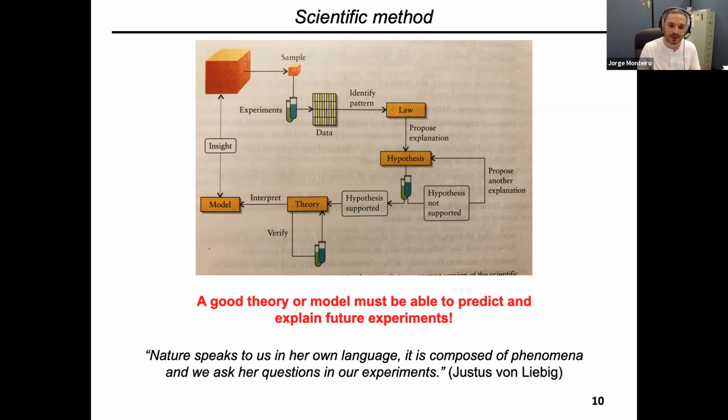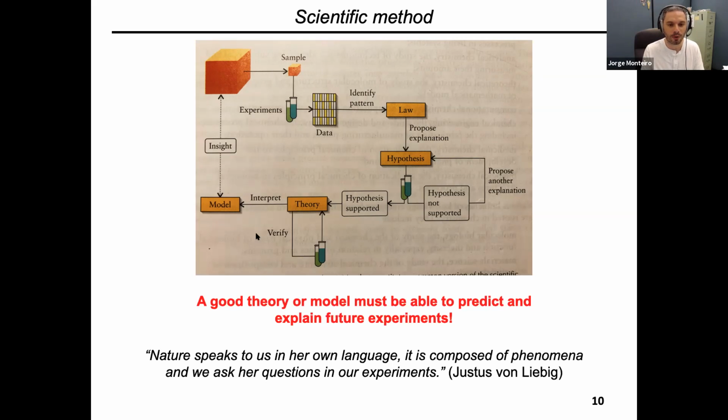Attention here, guys. A scientific theory or scientific model is never, ever perfect. Okay. Science is in constant transformation. At some point, someone will do an experiment that your model or your theory is not good for. And when that happens, your model needs to be improved.